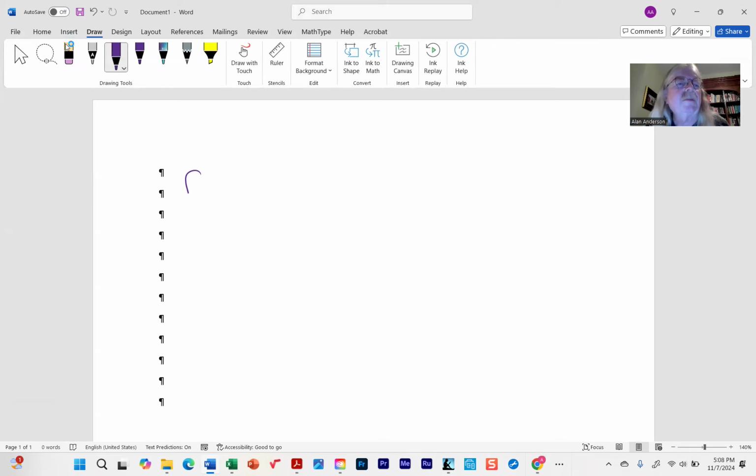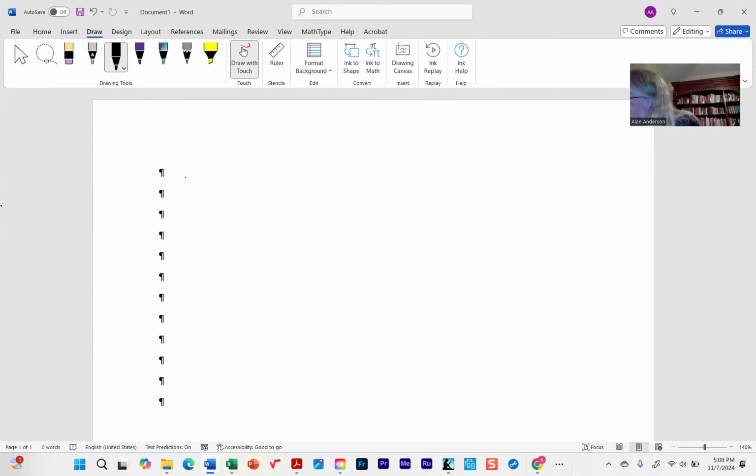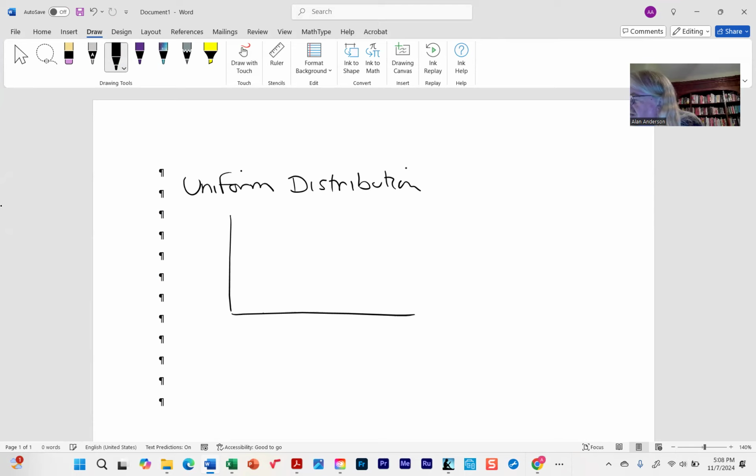Actually, I just realized I've got purple here. Let's change that to black. So for the uniform distribution, we basically have a situation where all the numbers between a given upper and lower limit are equally likely to occur. Okay, so that's why we end up with a graph that looks like a rectangle.